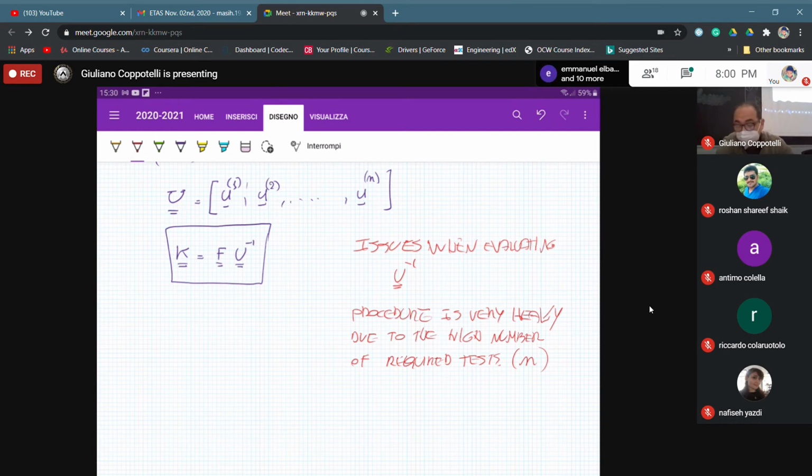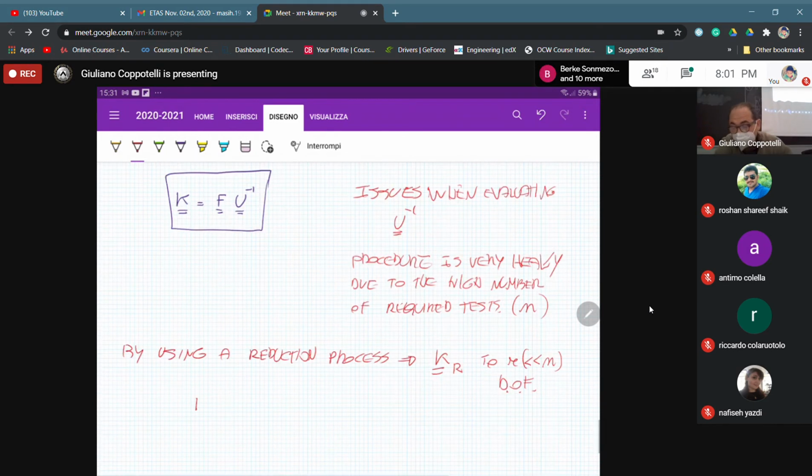Okay, by using a reduction process, we can have a reduced stiffness matrix K to some degrees of freedom, to R much less than n degrees of freedom, and therefore find the reduced stiffness matrix as Fr times Ur to the minus 1.